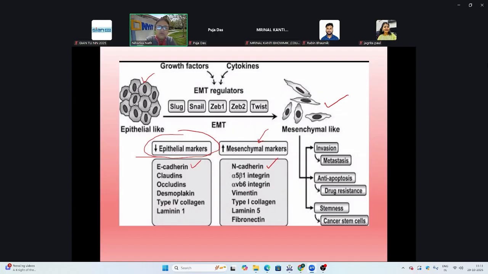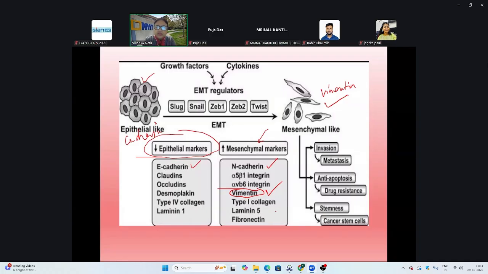And so another one that I want you to look at is vimentin. If it's a mesenchymal cell, it will have more of a protein called vimentin. So what did we just say? So we have vimentin here. Okay, this is good for you to know. Vimentin here, and here you have more cadherin on this side. Okay, and what else? I think that's pretty much it.